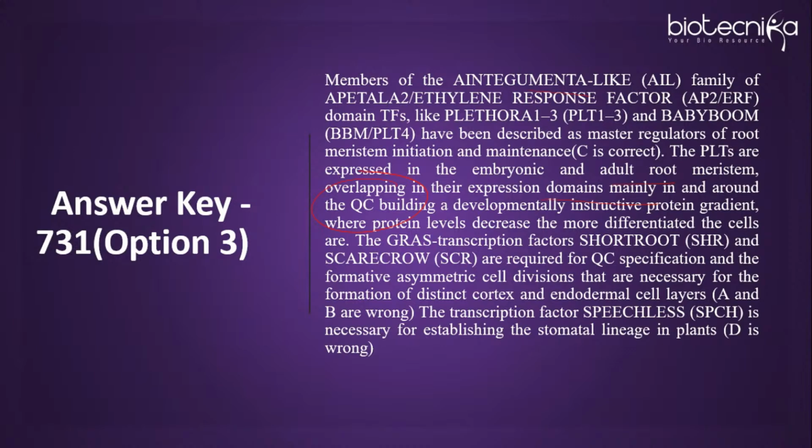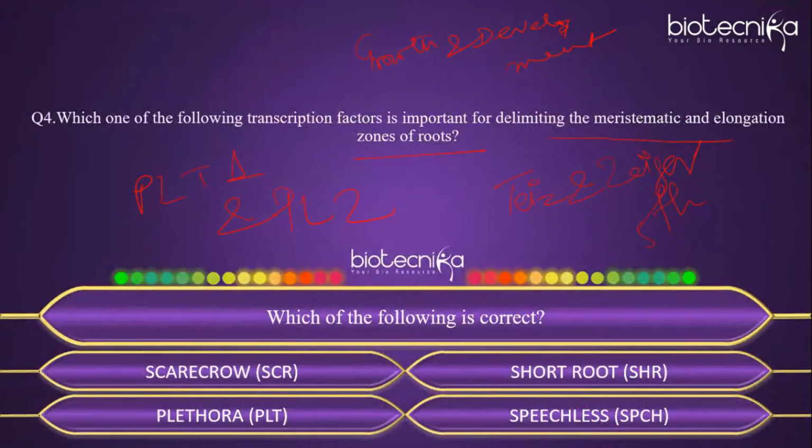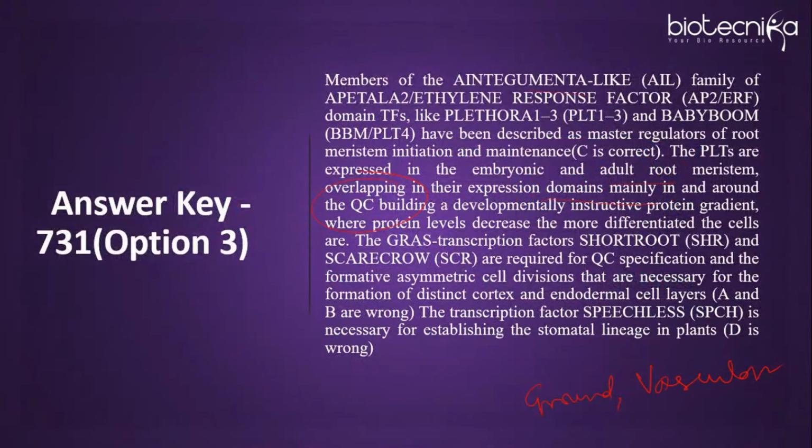We know that SHORT-ROOT and SCARECROW genes are also important, helping radial patterning to take place. What is radial patterning? The development of the different tissue layers, like ground tissue and vascular tissue formation. So SHR and SCARECROW have a specific role in these. What we have to focus on is that the PLETHORA gene has a very important role in delimiting the meristematic and elongation zones of roots.